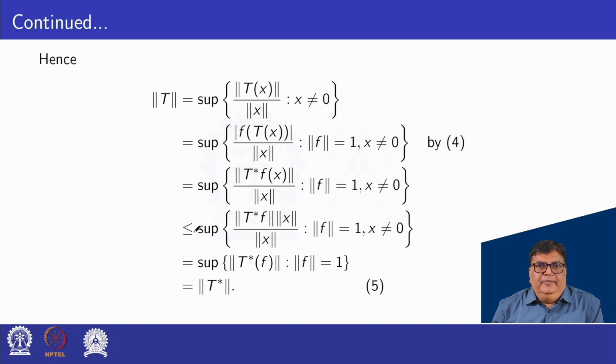So we have supremum of the norm T star f such that norm f is equal to 1. Again, as per the definition of bounded linear transformation, this can be written as norm of T star. Okay. So here norm T less or equal to norm of T star.